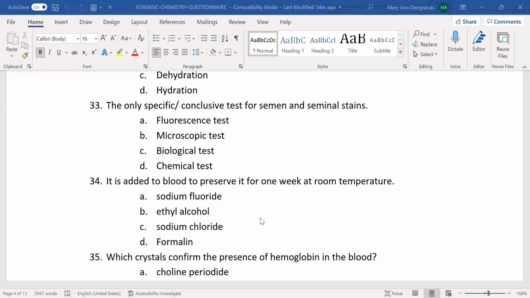So what is our preservative for blood? Is it A, sodium fluoride, B, ethyl alcohol, C, sodium chloride, D, formalin? Our answer, class, is letter A, sodium fluoride.